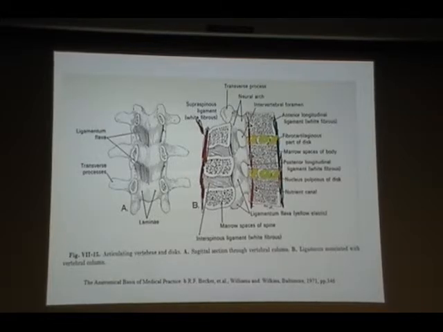And then in between the spines, we have these ligaments that are between the transverse processes of the vertebra, or between the base of the spines. Here. So these are called interspinous ligaments. I don't think he has a label. Yeah, he does. Interspinous.